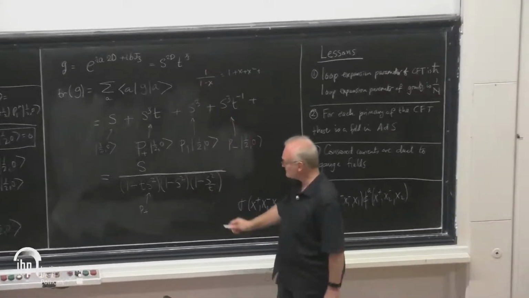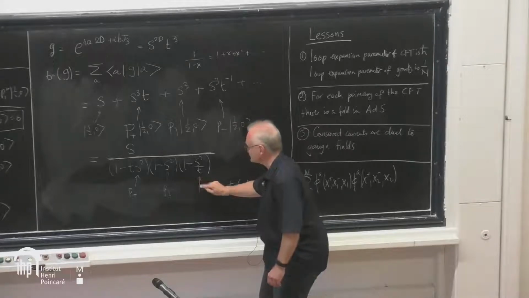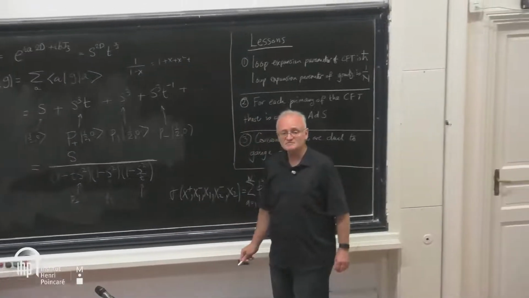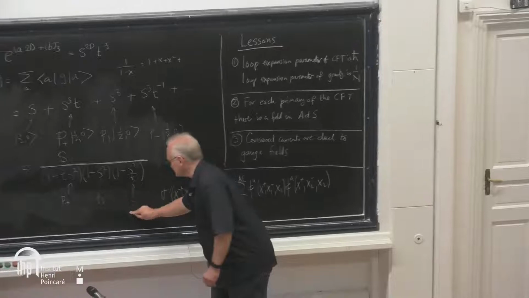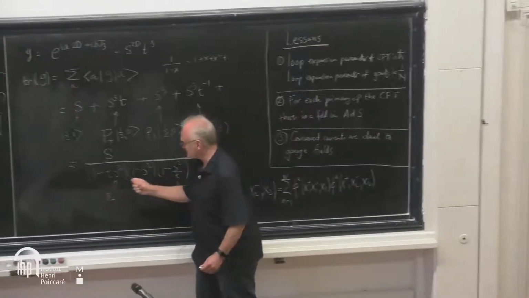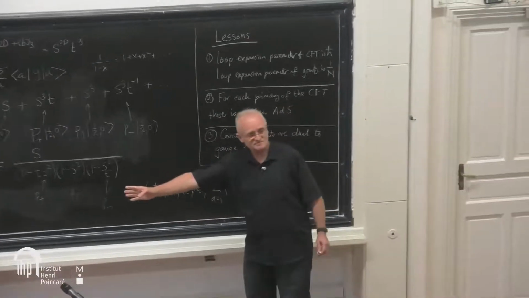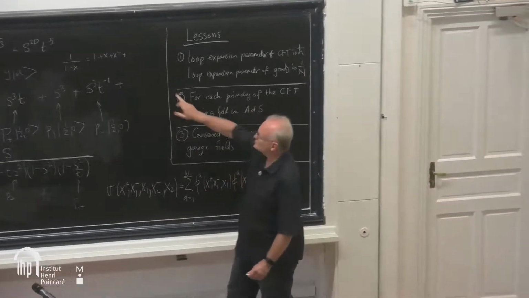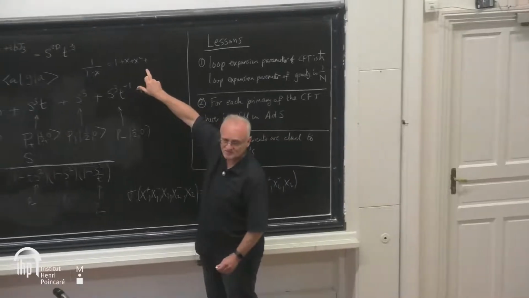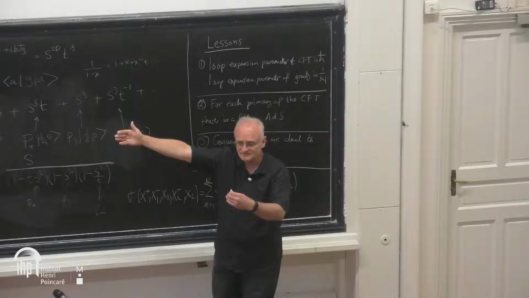That's the quantum numbers of P1. This is the quantum numbers of P minus. So can you see, in the denominator, we've got 3 factors here. This is for the 3 momenta. And if you expand this out, you will generate the correct quantum numbers for all of the possible descendants when you act on the state.